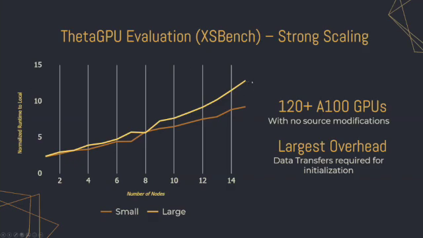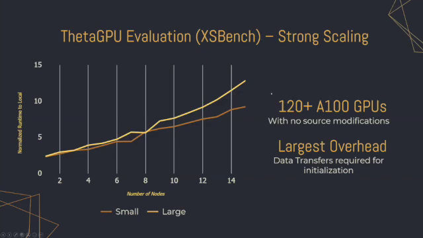But the biggest takeaway here is that although the scaling isn't exceedingly linear in the sense of being flat, we were able to scale up to over 120 GPUs without any source modifications. The original application for XSBench and RSBench uses a single GPU.